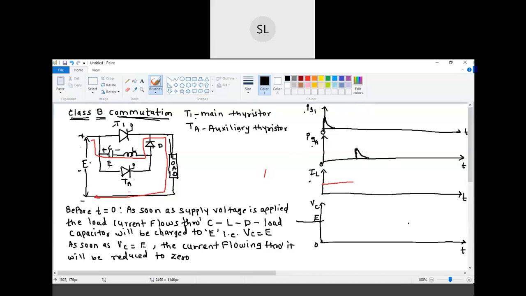See here, the capacitor has got voltage equal to E. It will remain constant because it has no path for discharging. So the voltage across this capacitor will remain as it is. Okay. Now, once we apply a triggering signal to this TA at instant t equal to t1, what will happen? It will also turn on.